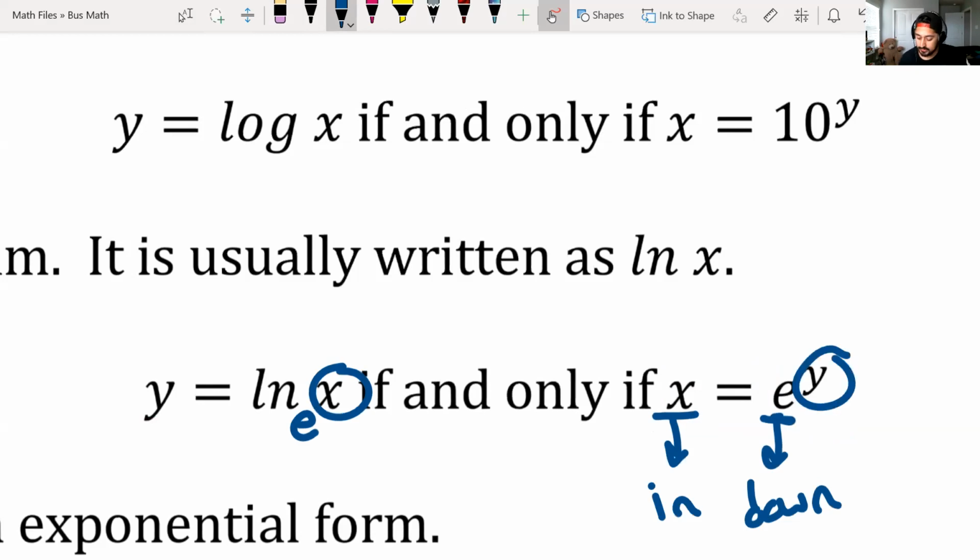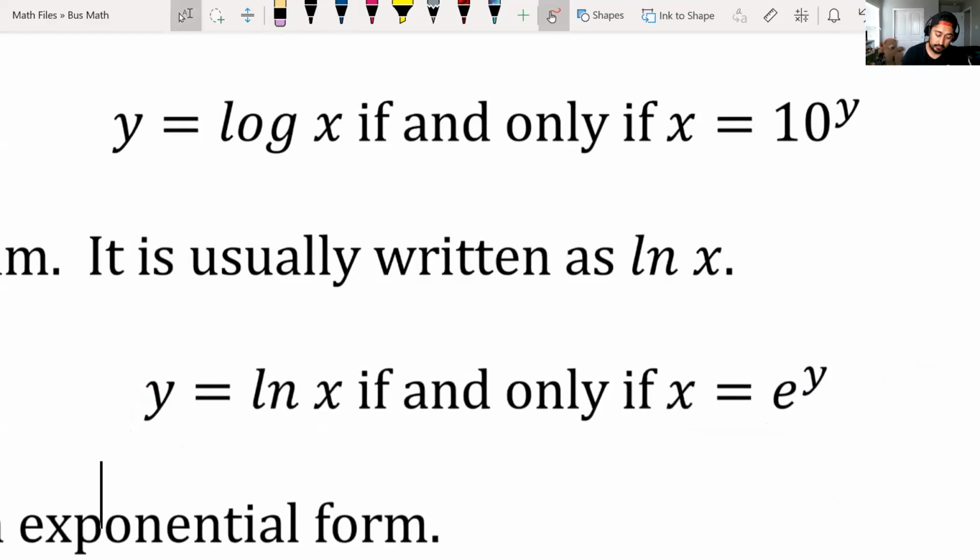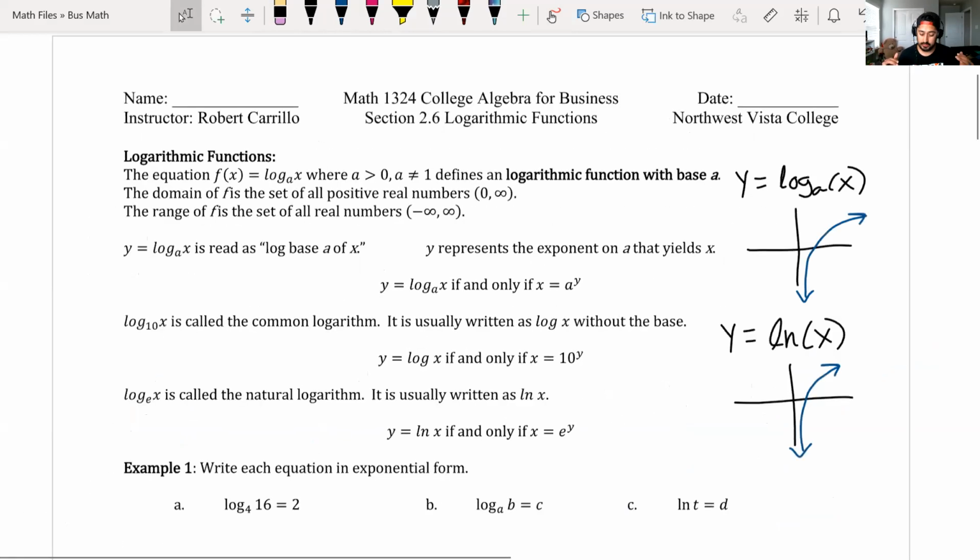And this exponent still goes out, which is right over here. Down, in, out. That's it. Even for the natural log. Okay. There you go. There's log functions, common log functions, natural log functions.